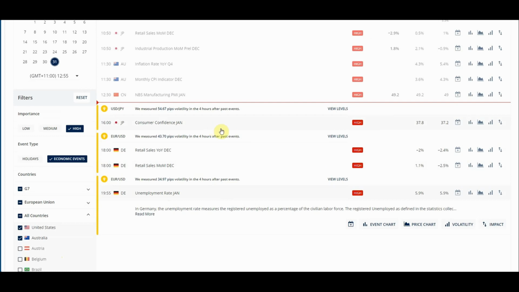And you can map out and write down what the expected outcomes are for each above or below the forecast. And then when the data comes out, you'll be able to quickly identify whether the market should, based on historic events, go up or down.